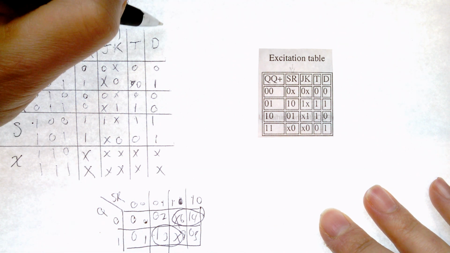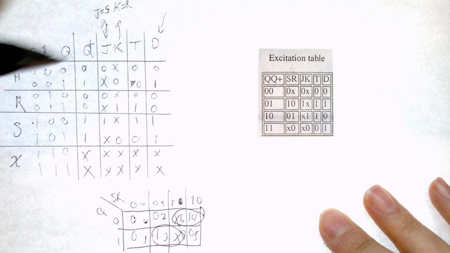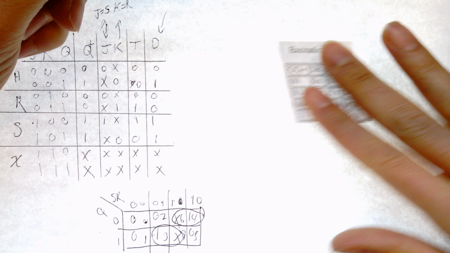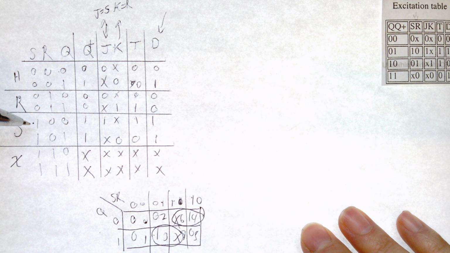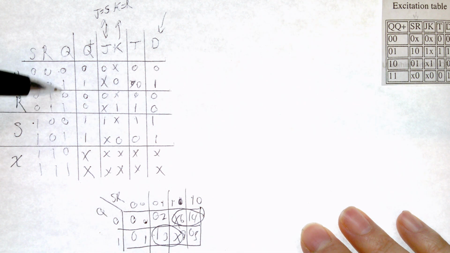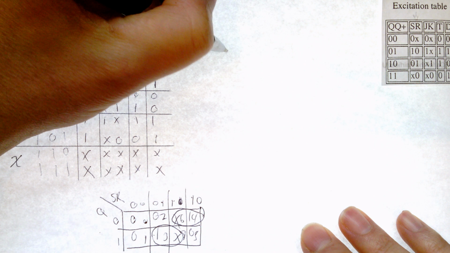And now for the D flip-flop, we can move our excitation table out of the way now. Let's take a quick look at the inspection here. I think we're going to have to do another K-map.